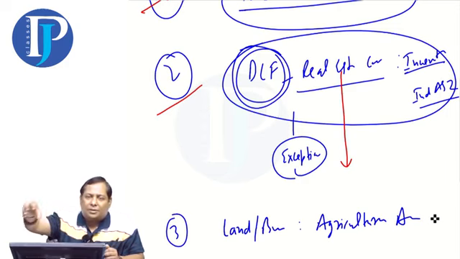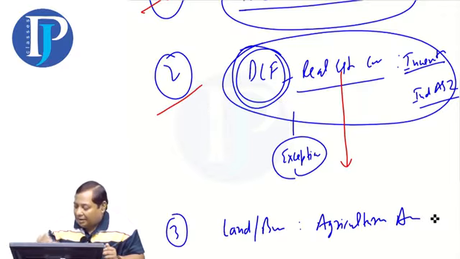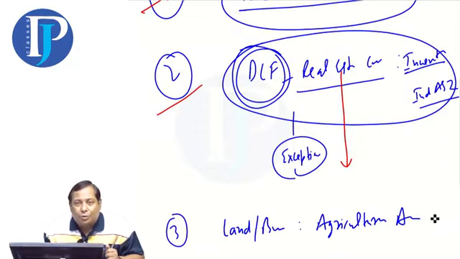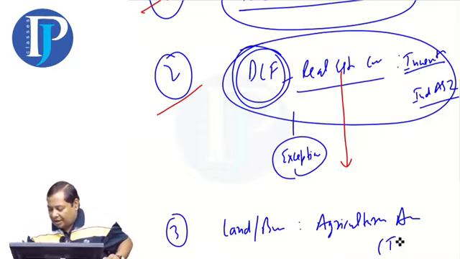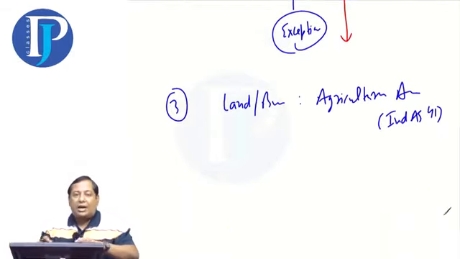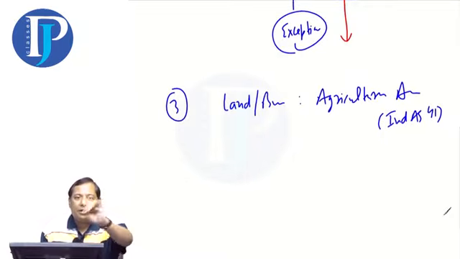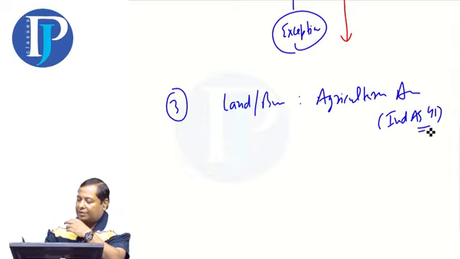Have you ever seen a land of maybe 25 or 50 acres with a small building in between? Understood? If any land and building is being used for agricultural activities, then we will apply Ind AS 41 to it. Ind AS 40 does not apply here. Follow the guidance of 41. So on agricultural it is 41.